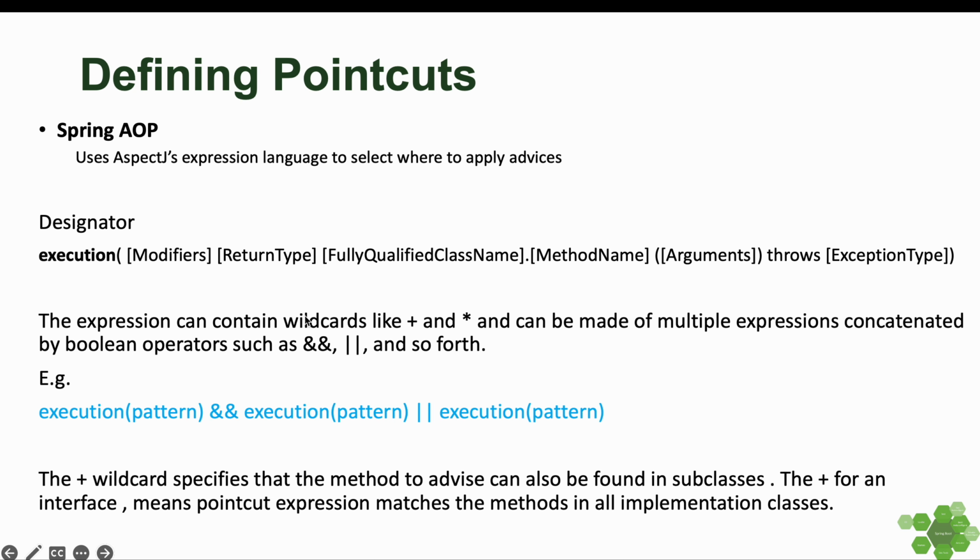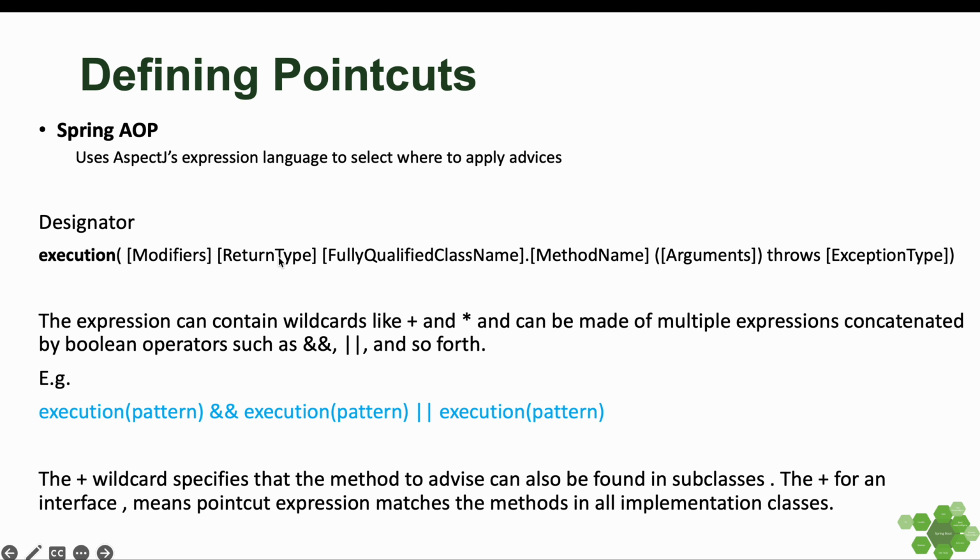As you can see, you can use an execution designator, and this execution will be inside two braces, opening here and closing here. It will then be followed by a modifier, which can be public, protected, or a star, which denotes any modifier.